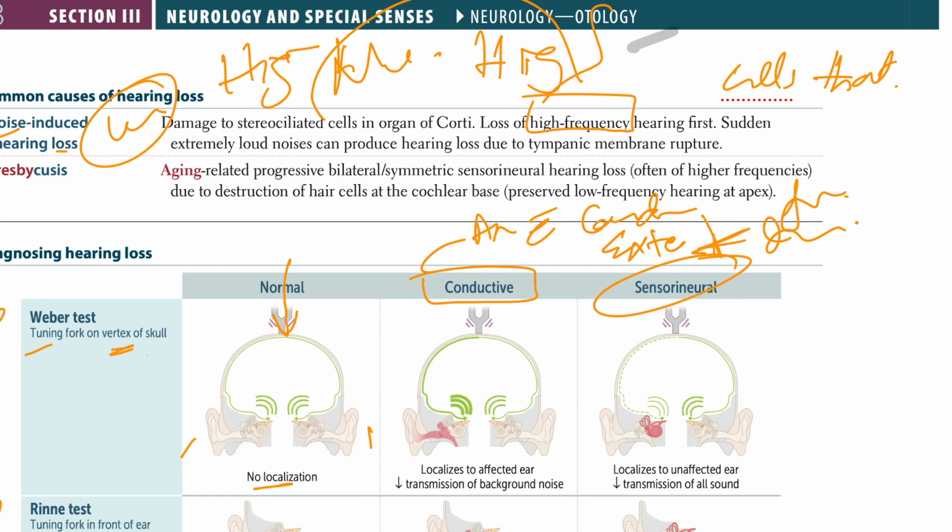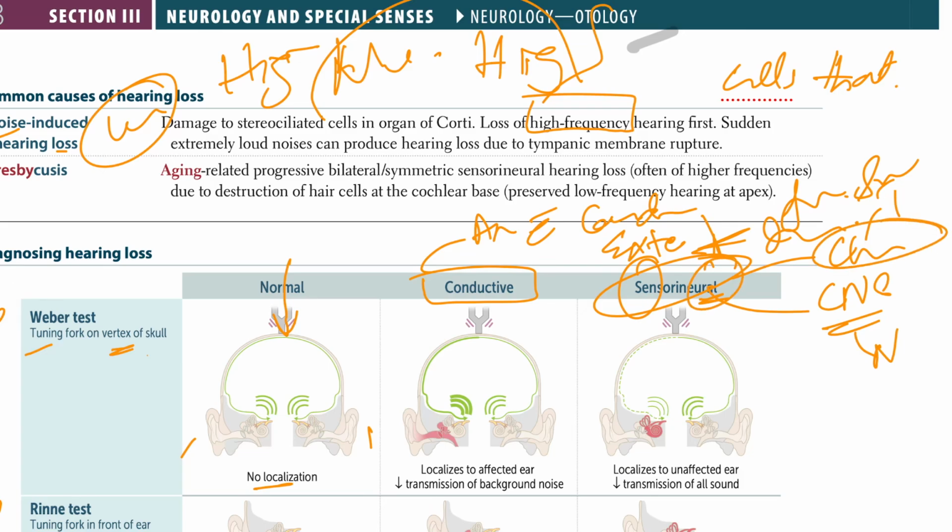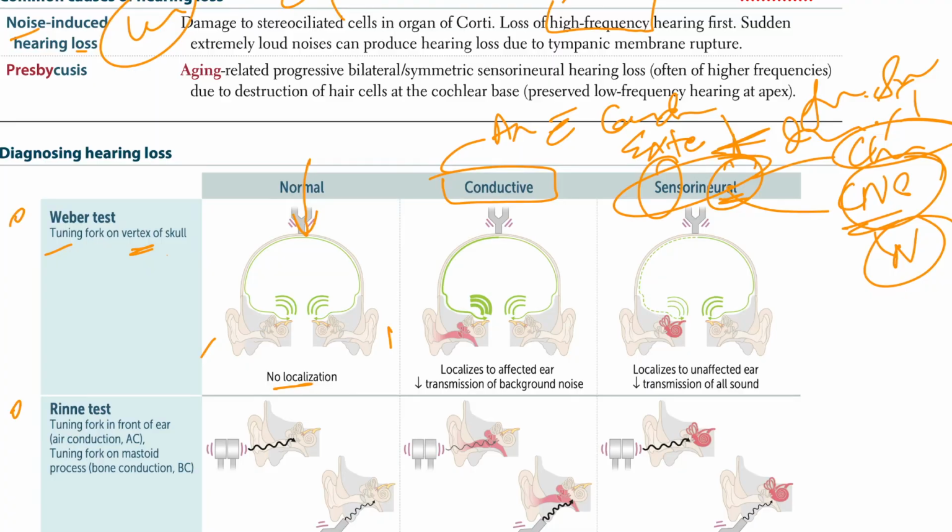As the name suggests, it is due to damage to either the cochlea, which leads to the sensory type, or the nerve, which is cranial nerve 8, CN8, and that would cause the neural type. Sensory, cochlear damage; neural, cranial nerve 8 damage. Okay, and that's the definition.